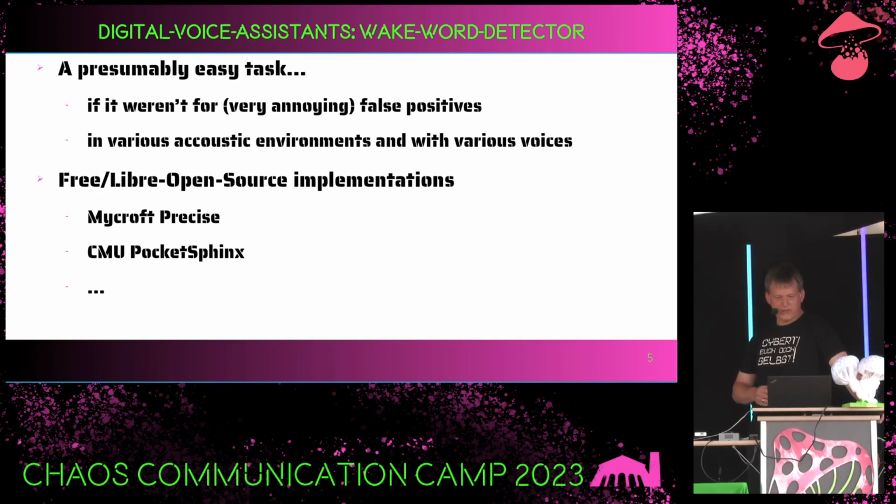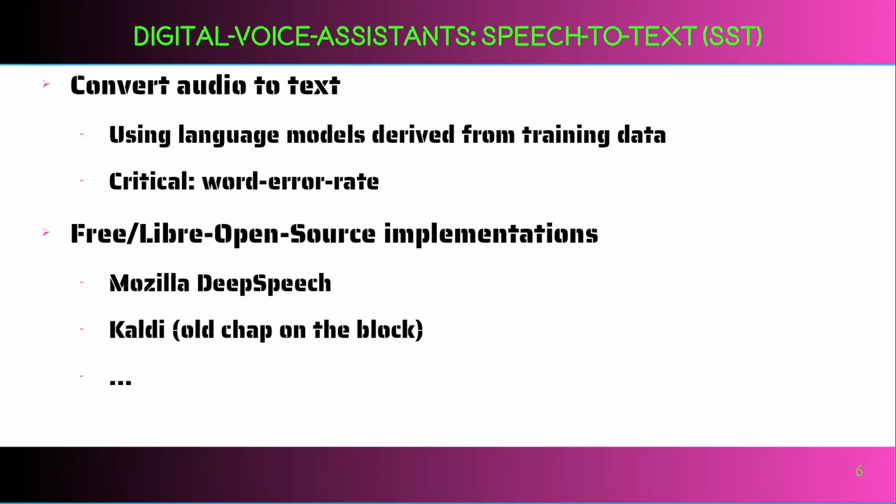The next part is speech to text. There are really 2 parts. There's the software that tries to make sense of the audio signal, and then there's the language model. You need a different language model for each language, and essentially the language model contains the words that are known to be able to be translated.